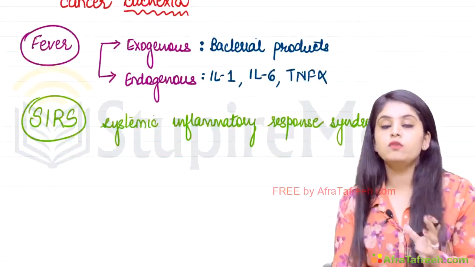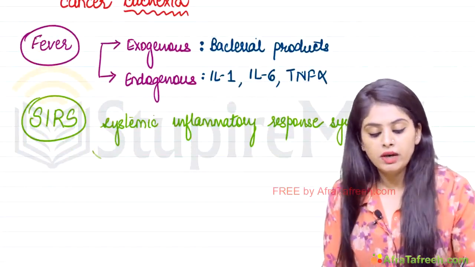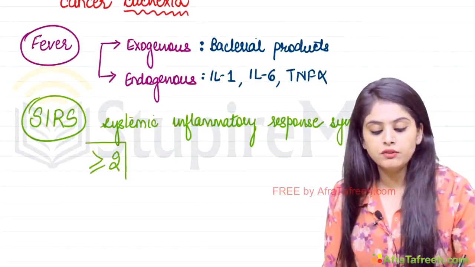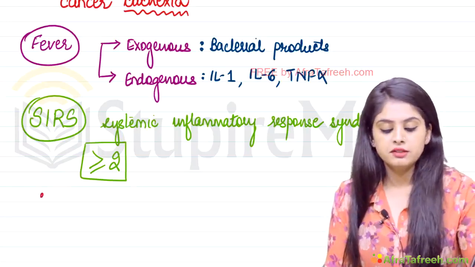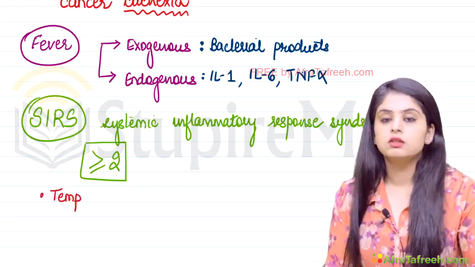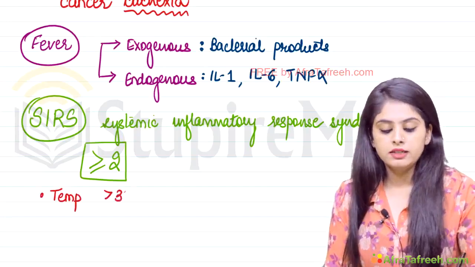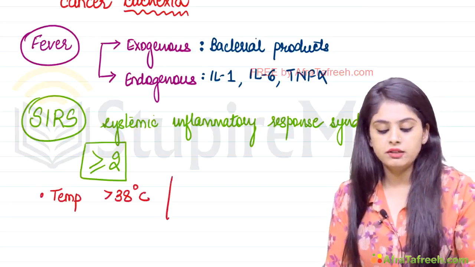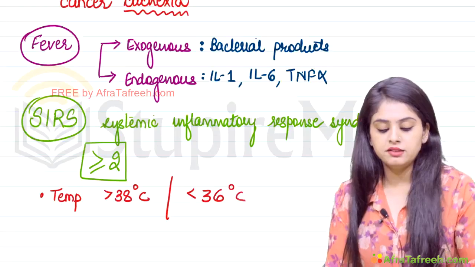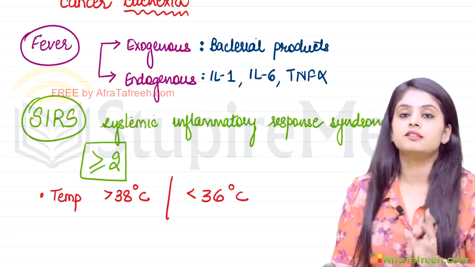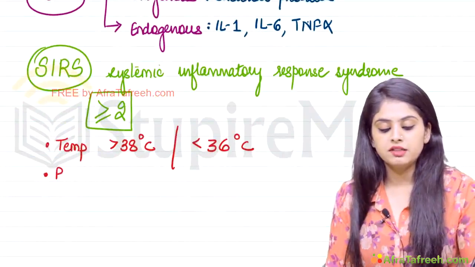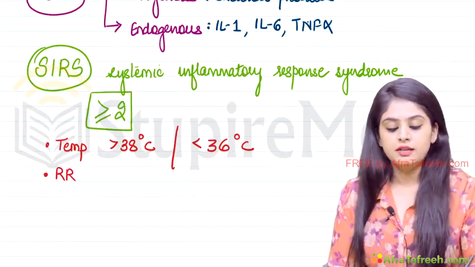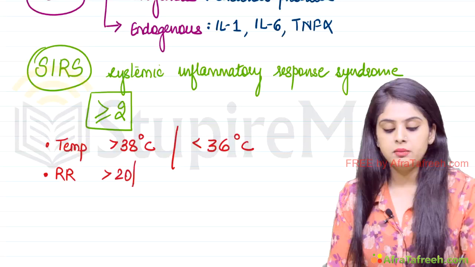And when do we diagnose this syndrome? When 2 or more than 2 of the following are present. And what are those? First, the body temperature, either more than 38 degrees Celsius or less than 36 degrees Celsius. So the first criteria is the body temperature. The second criteria becomes the respiratory rate, if it is more than 20 per minute.